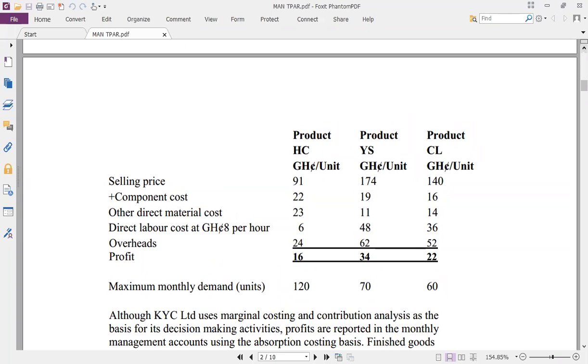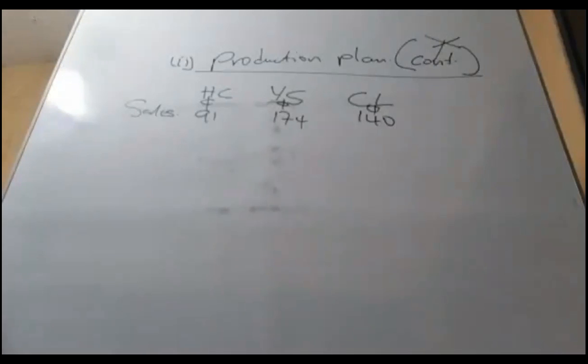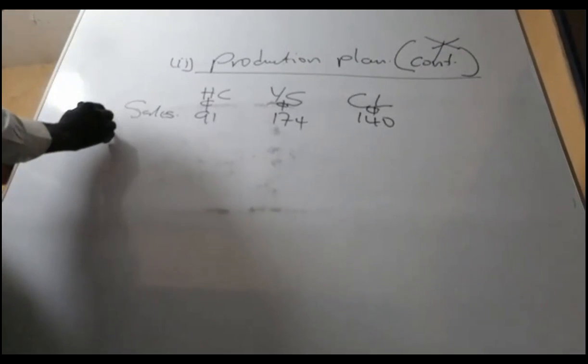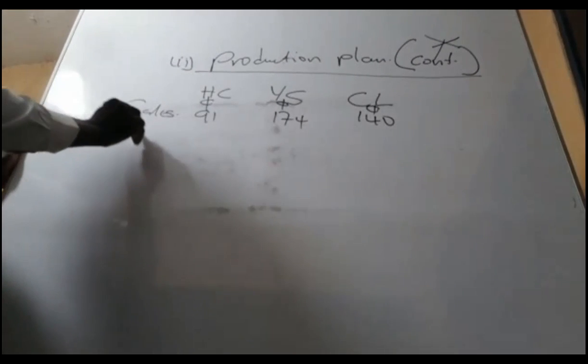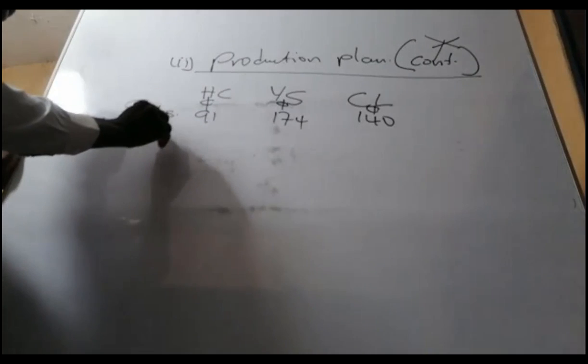Don't forget your currency. So here will be 91, 174, 140. That's the sales rate. So 91, you say less the variable cost.